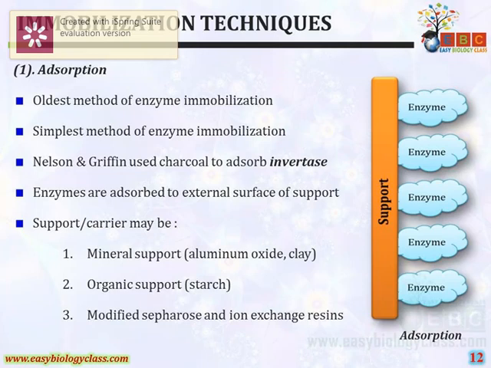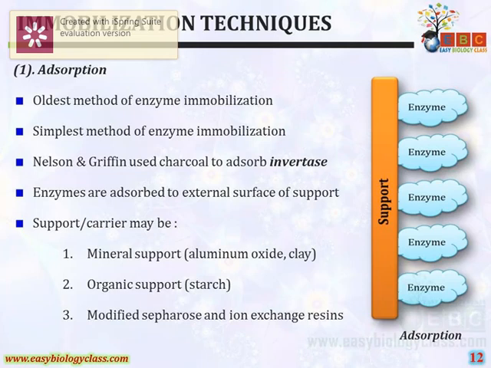Okay, invertase is the enzyme which breaks sucrose into glucose and fructose. Okay, the enzymes are adsorbed to the external surface of the support. This is very important to understand and remember, the process or principle of adsorption.